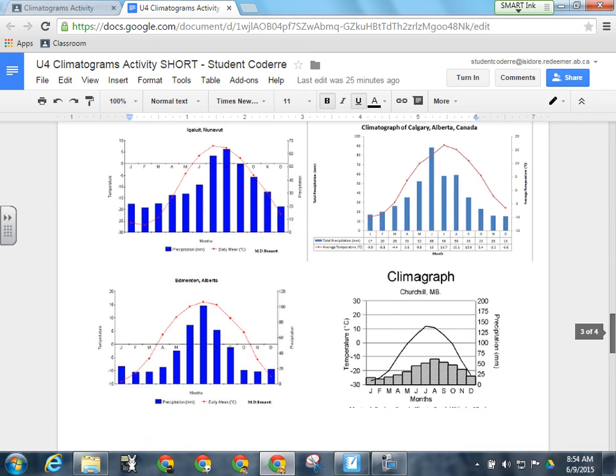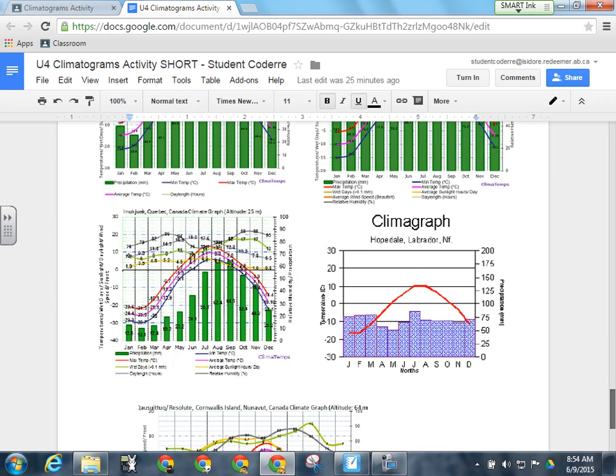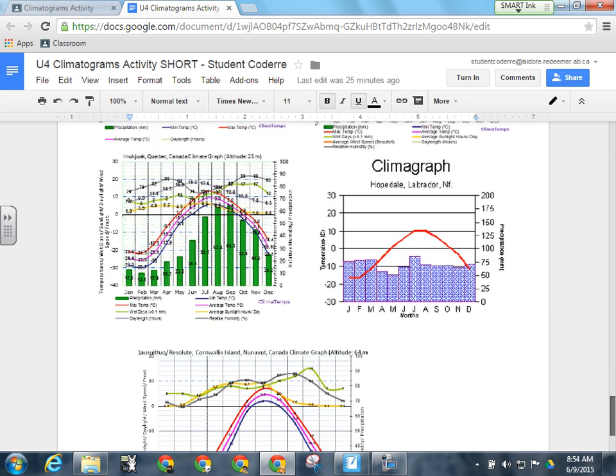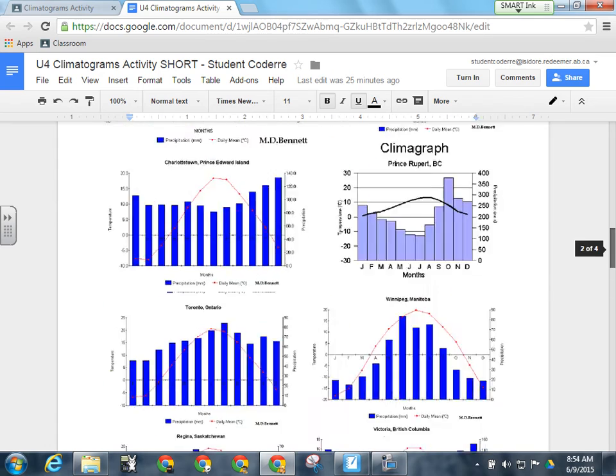So all the climatograms for all the Canadian cities that we're going to do are in here. Look at all of them. There's one for each one. Unfortunately, I couldn't find them all to the same scale, but you can still read what the scales are and get some idea there. So they are all there.